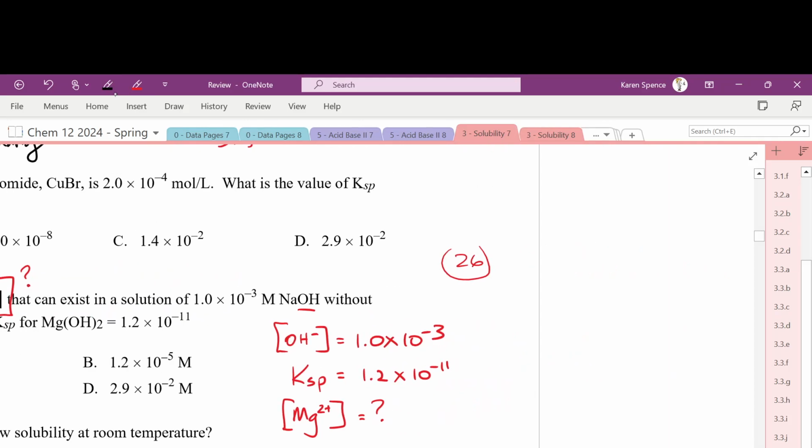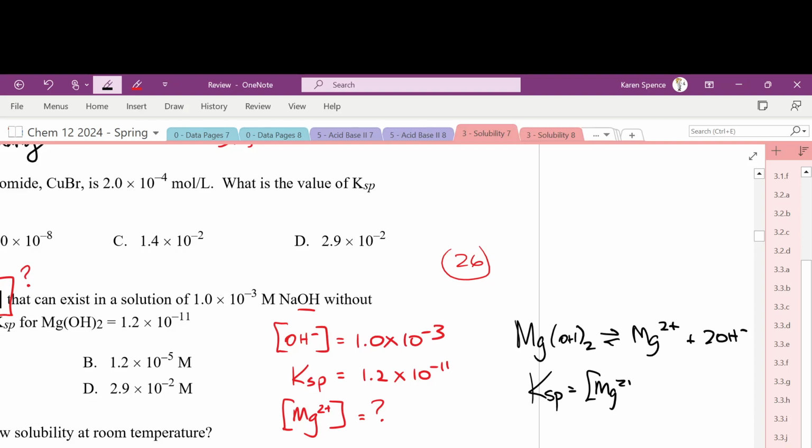So if we write our KSP expression, let's start by doing Mg(OH)2 in equilibrium with Mg 2 plus and 2 OH minus. So KSP is equal to Mg times OH minus squared. We want to find the magnesium concentration, so we can solve for magnesium.